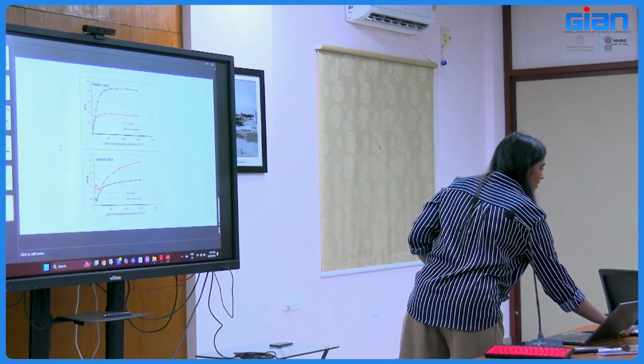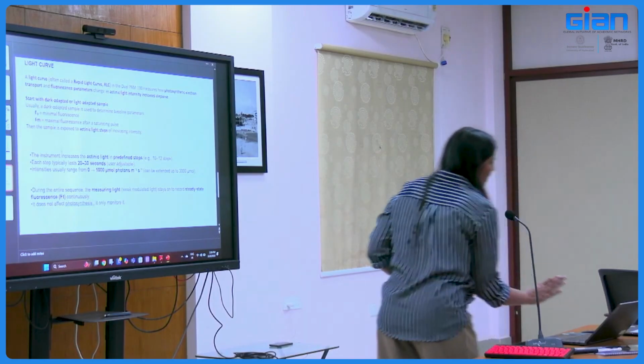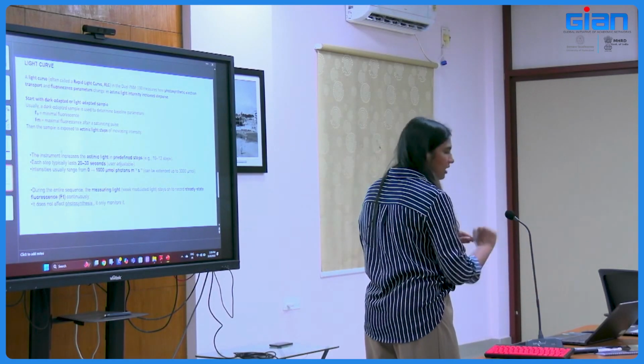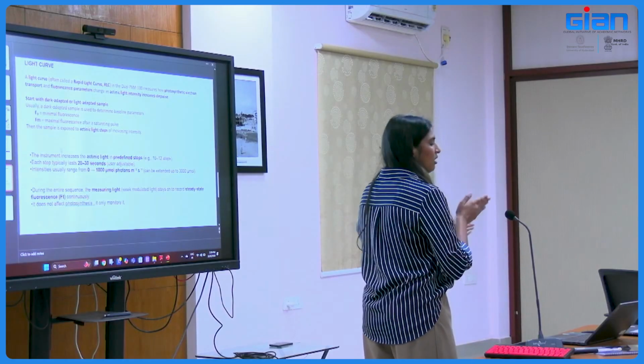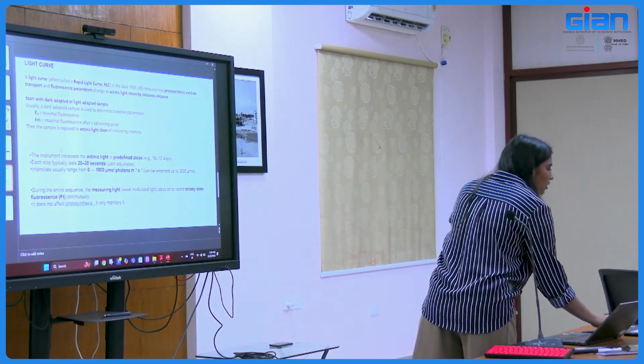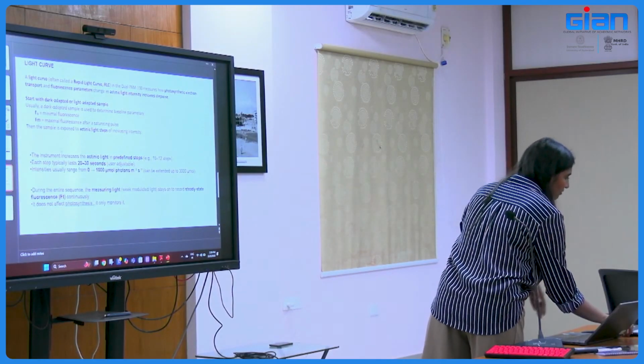So that's about the light curve. Now you are going to do a light curve with increasing light intensity over a time period of illumination, giving actinic light in between for 30 seconds or whatever the predefined time.